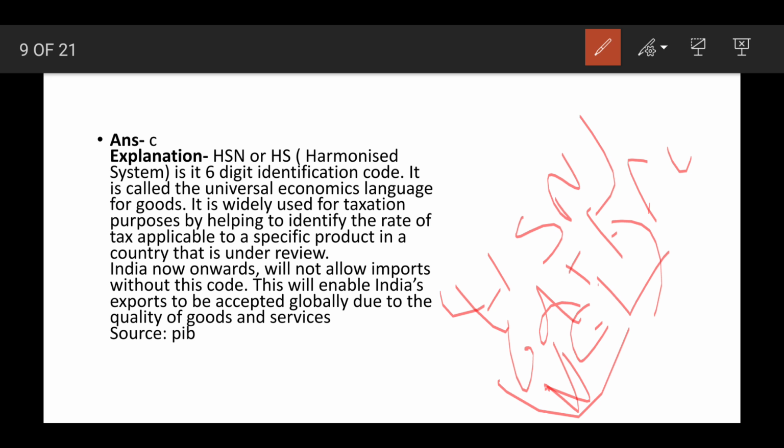It is widely used for taxation purposes, helping to identify the rate of tax applicable to a specific product in a country under review. In India, from now onwards, imports will not be allowed without this code. With the help of this code, Indian exports will be accepted globally due to the quality of goods and services.